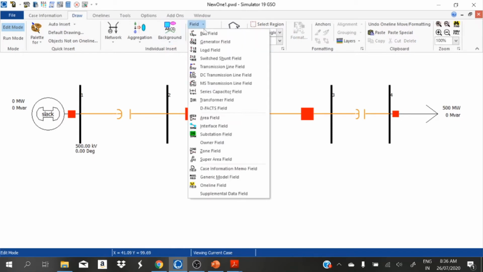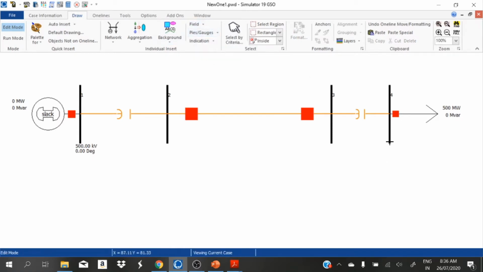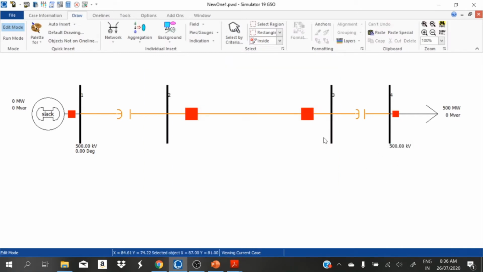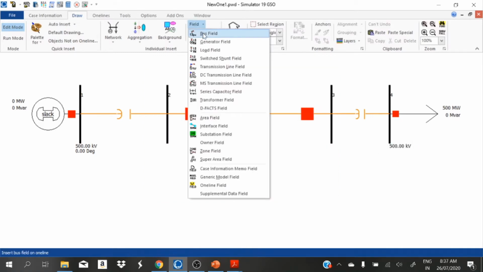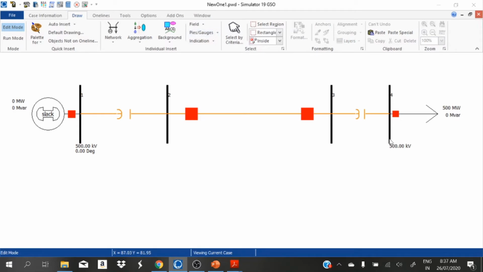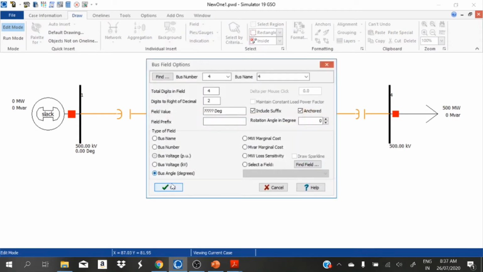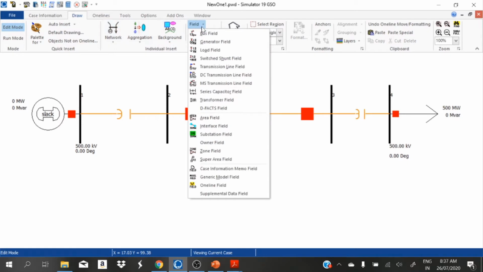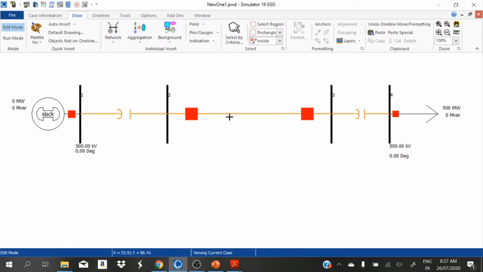Bus 1 and 4 is enough. We want to note down the receiving end voltage and sending end voltage, receiving end angle and sending end angle. I want to visualize the MVAR flow in the transmission line.